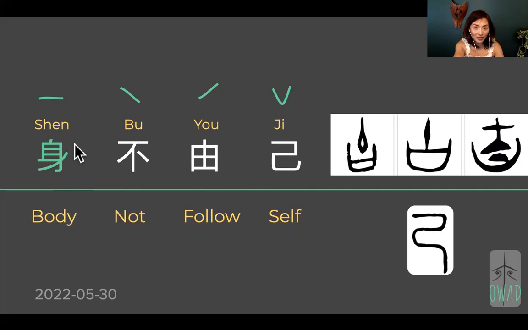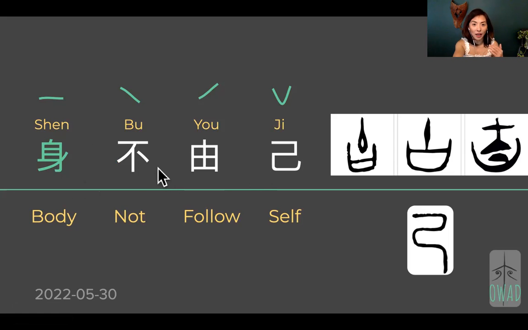身不由己. 身, again, it's this visual body image with the rib cage and the two legs over there. So that's our body. We are using the body, a visible part of you, to refer to that person, yourself, basically. And 不, we met this negation. Chinese has several negation words that mean no, not, nada.